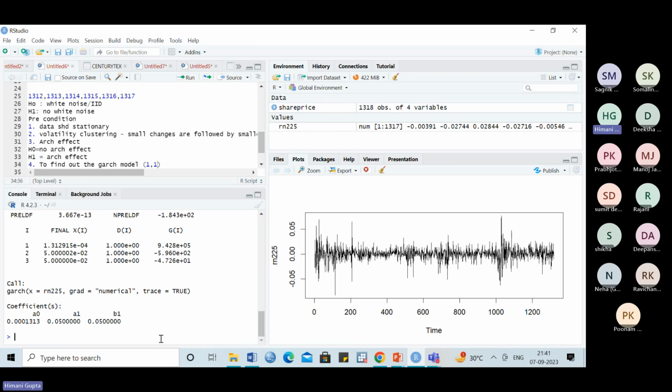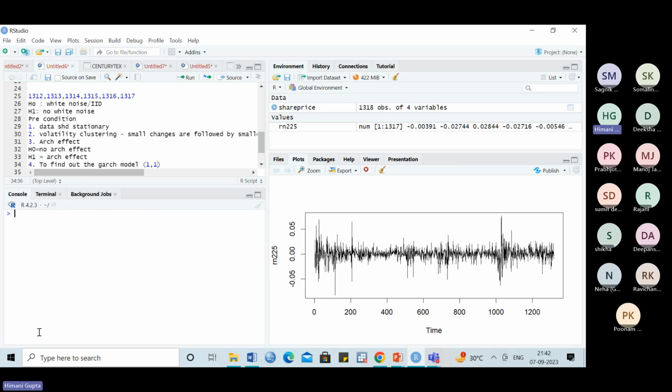Once I run it, it tells me that the GARCH model should be 1-1. A0 means constant, A1 means your ARCH term, B1 means your GARCH term. And I'm not getting A2, A3. If I got A2 also, it would be 2-1. Since I'm getting A1, B1, my GARCH model is 1-1. All right. Thank you, ma'am.